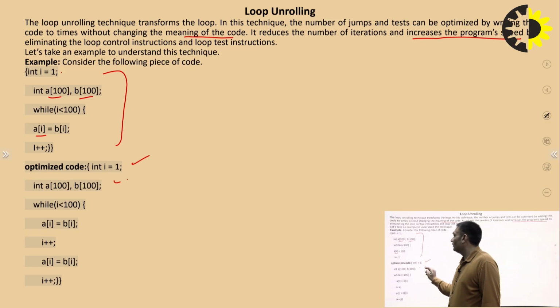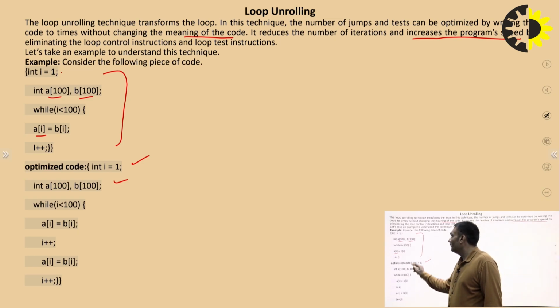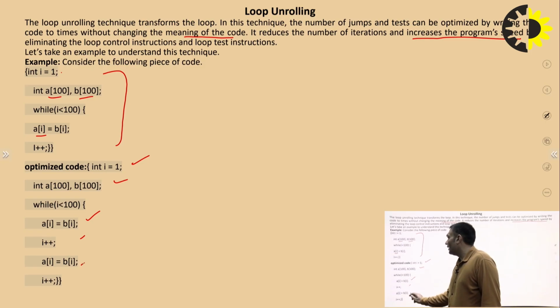The variable to array is written here. I less than 100, then again this is written here. Now what we are doing, A[I] equals B[I] and I plus plus here.